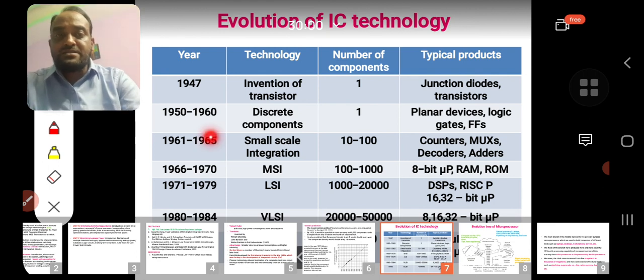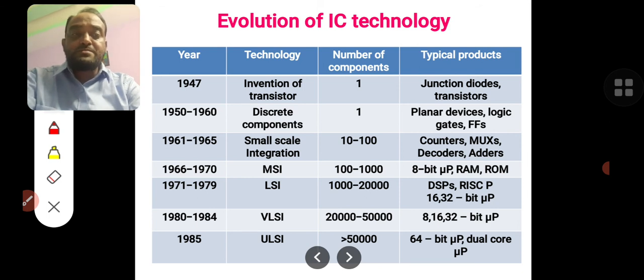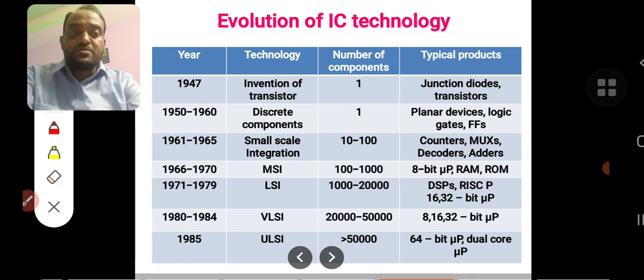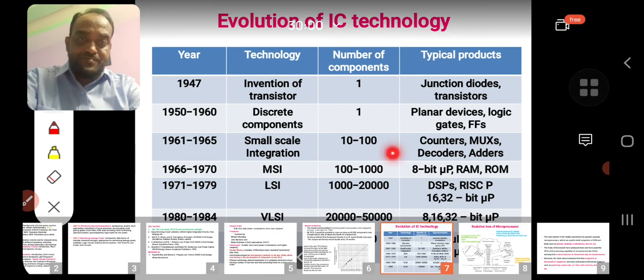After 1965, in the next 5 years, medium-scale integrated circuits were developed, with the capacity of accommodating up to 1000 devices. 8-bit microprocessors and ROMs can be produced with 1000 gates per chip.